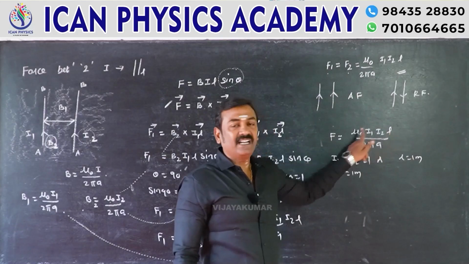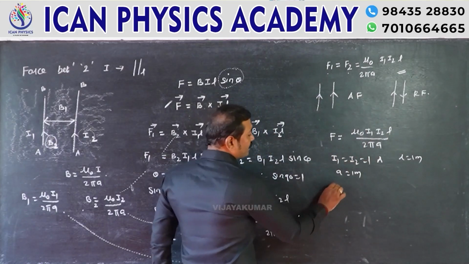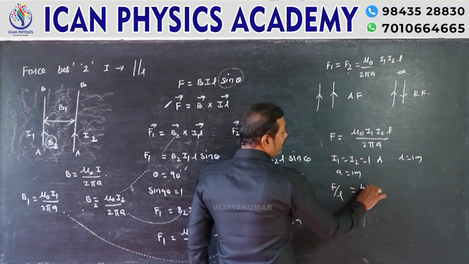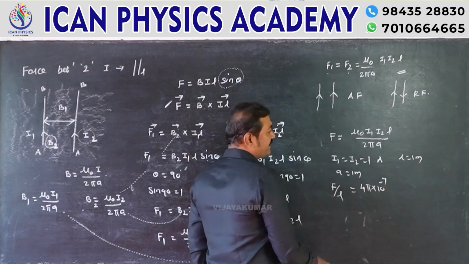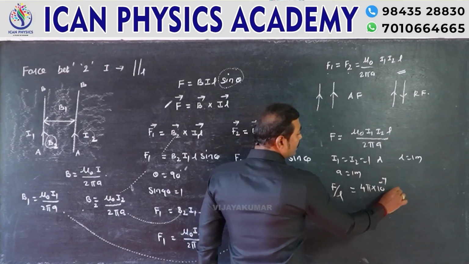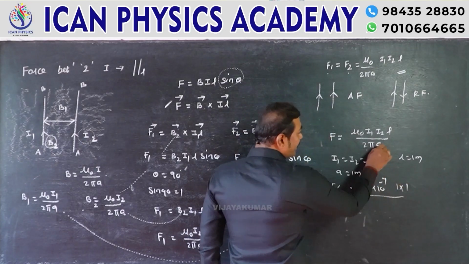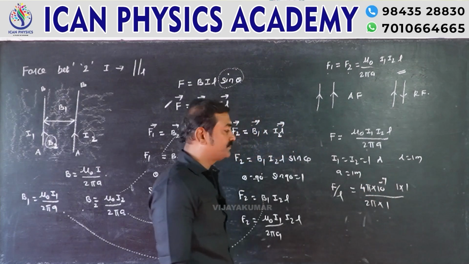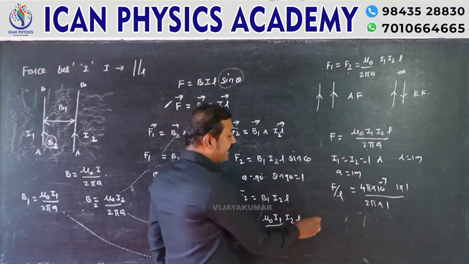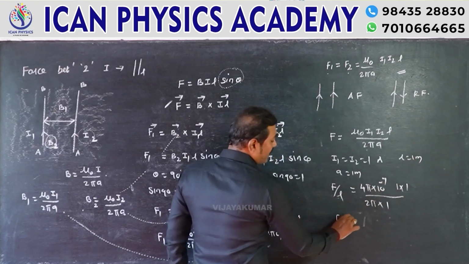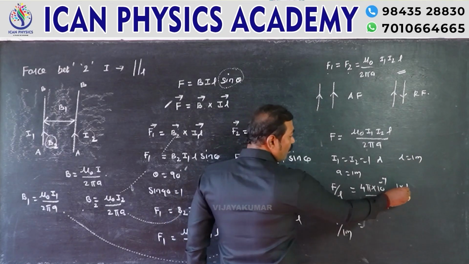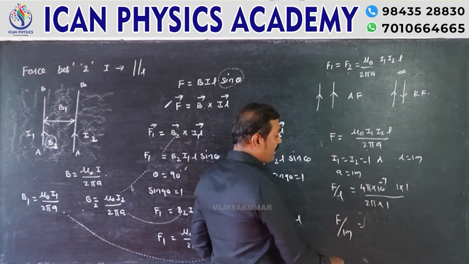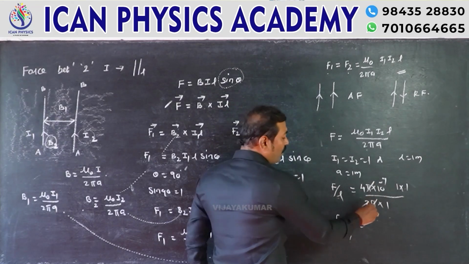Now if the multiplication by L comes to this side, it becomes division. F by L equal to mu naught I1 I2 by 2 pi A. What is the value of mu naught? 4 pi into 10 to the power minus 7. I1 into I2 is 1 into 1, divided by 2 pi A, and the value of A is 1. The value of L is 1 meter. So F by 1 meter equals 4 pi into 10 to the power minus 7 by 2 pi. The pi cancels; 4 by 2 is 2.